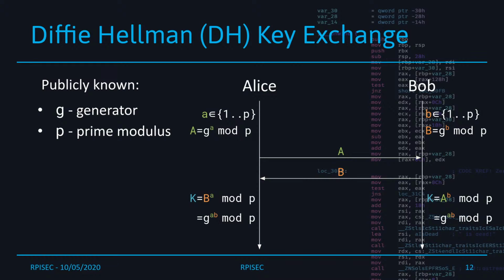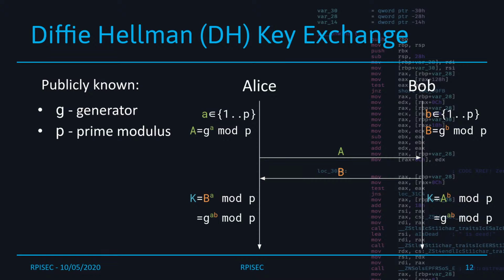Once Alice and Bob have exchanged their computed values, they then take the result that they received from the other person and again raise it to the power of their private number. So Alice will take capital B, which she received from Bob, and raise it to the power a mod p.